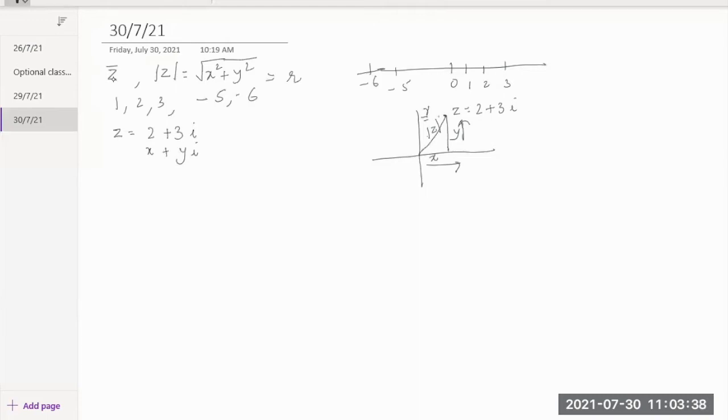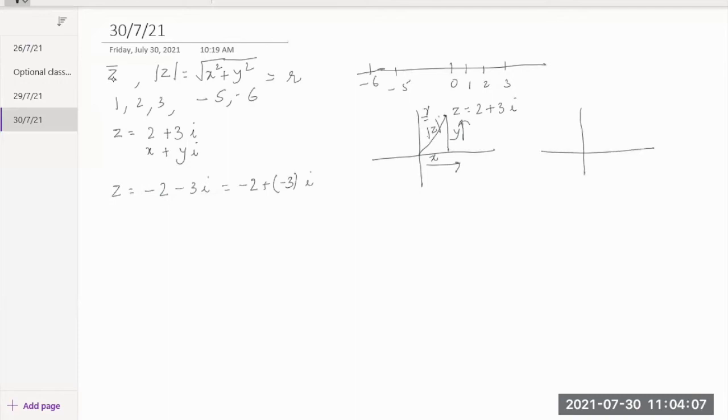Okay. Now supposing I give you another z as, let's say, -2 this time and -3i. I've already told you that it has to be written in the x plus iy form. So you are going to write it like this, where you see that your x is -2 and y is -3. So if I have to plot this, I'm going to do it like this.